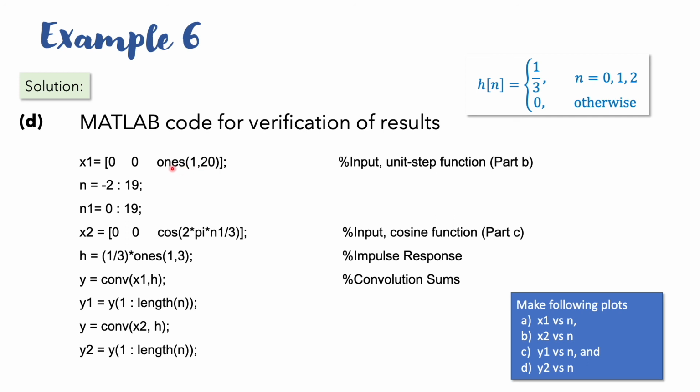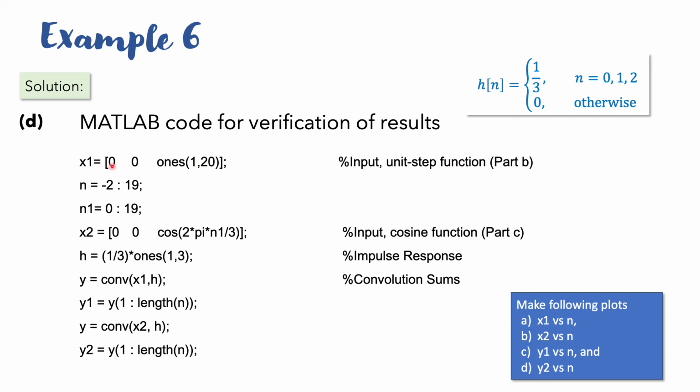This is ones. Ones means all ones starting from sample number 1 until sample number 20. It consists of 1 row and 20 columns. Okay, this is a matrix. So this ones will generate 1 row and 20 columns, so 1 1 1, 20 times.